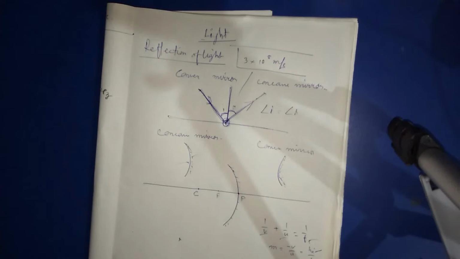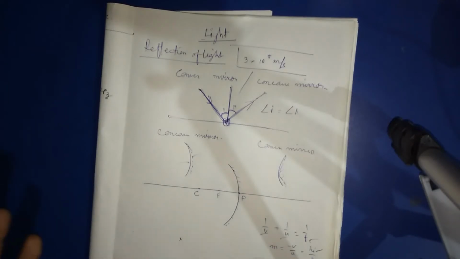Then we have different types of mirrors. One is the plane mirror, the other is the spherical mirror. I'll be specially dealing with these two types of spherical mirrors, the concave mirror and the convex mirror.